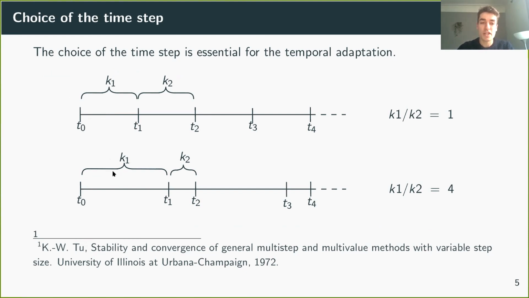So this procedure has been developed to test the robustness of the method. It's also important to note that during the refinement of the variable time step like that, we're going to keep the ratio between K1 and K2. So K1 will always be 4 times bigger than K2.